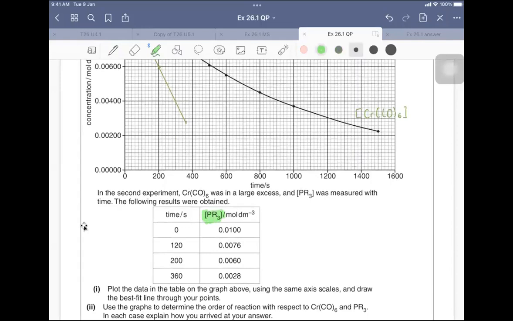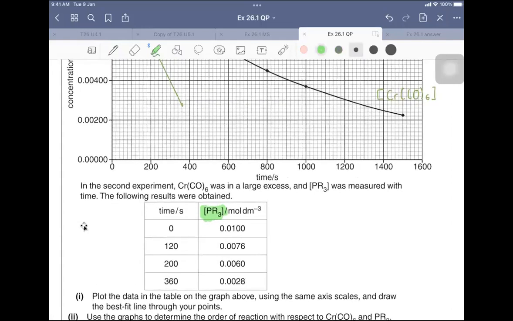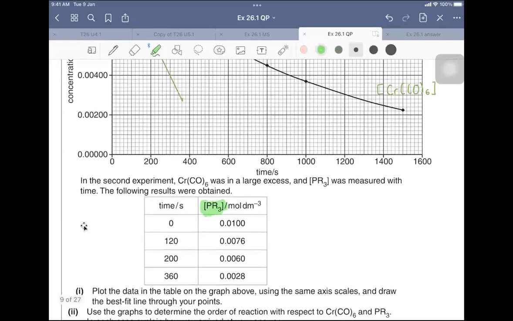So please plot these points quickly, and then they ask you to draw the best fit line. Now remember, it says best fit line. It does not necessarily have to be a straight line. Okay, best fit line can mean a straight line or a curve.